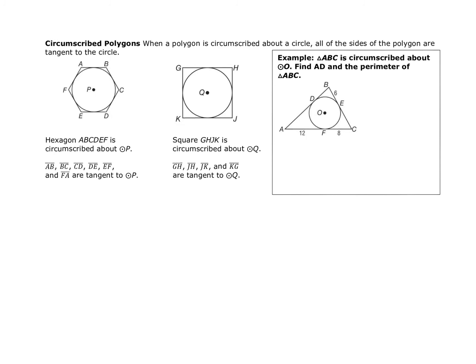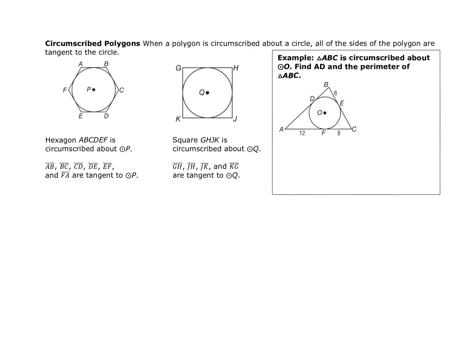Let's look at circumscribed polygons. When a polygon is circumscribed about a circle, all of the sides of the polygon are tangent to the circle. So all of these sides touch the circle at points of tangency, one for each of them.